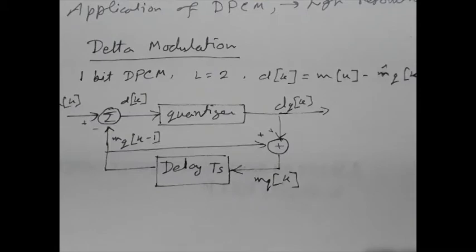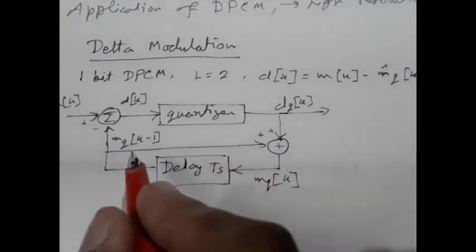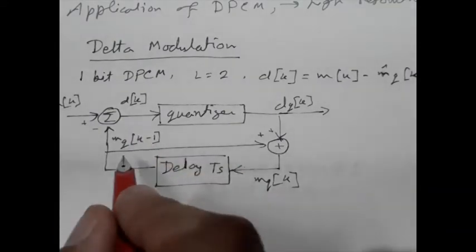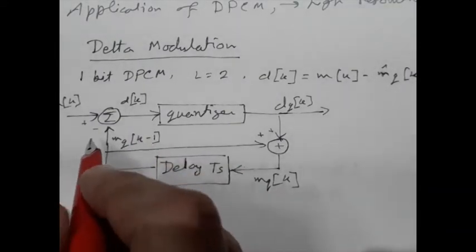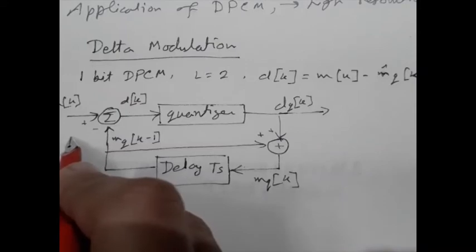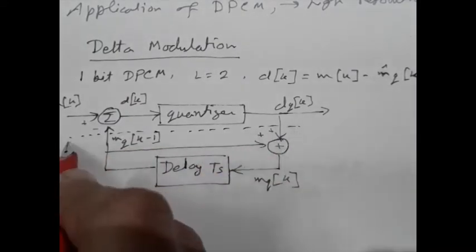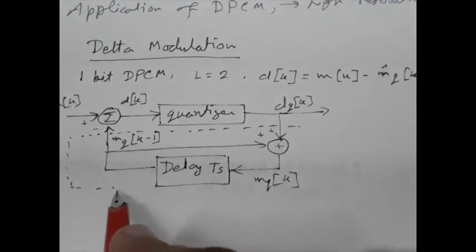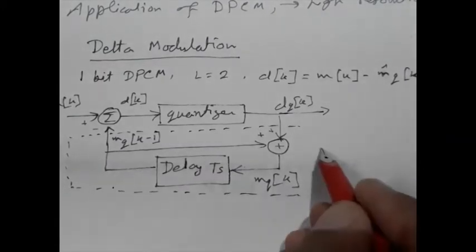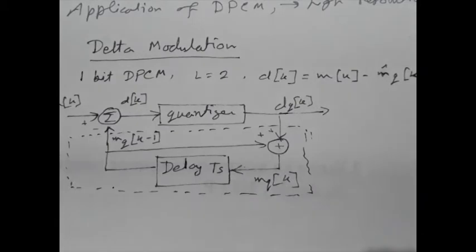So this will be the circuit for the delta modulation, and just like DPCM, this portion will be the receiver portion.